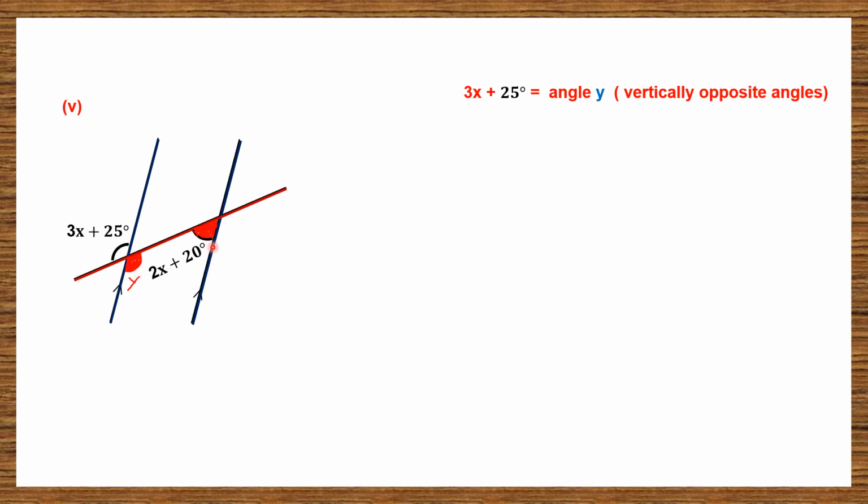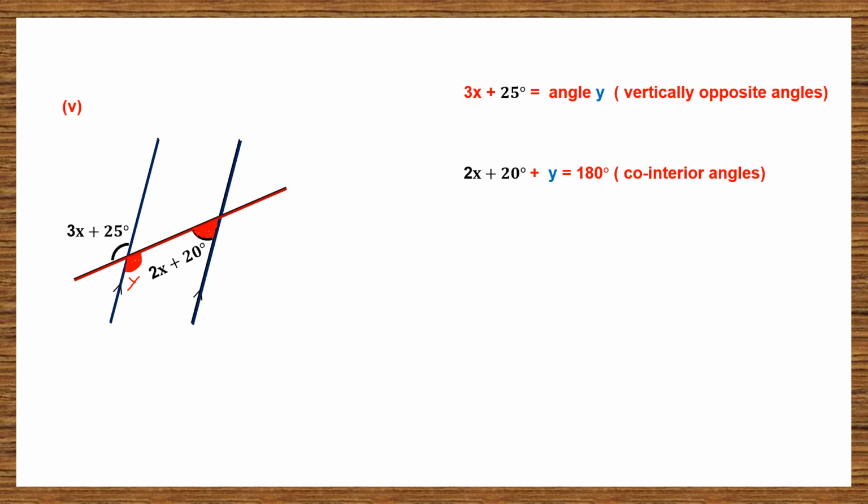Now look at these two angles, angle y and angle 2x plus 20. Both these angles are co-interior angles, and co-interior angles add up to 180 degrees. So let's write that: 2x plus 20 plus angle y is equal to 180. Now we can substitute this y with 3x plus 25 because y is equal to that much.